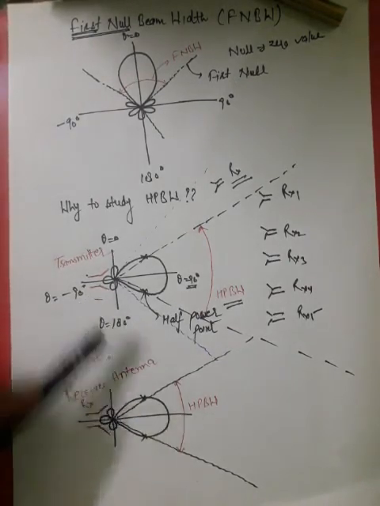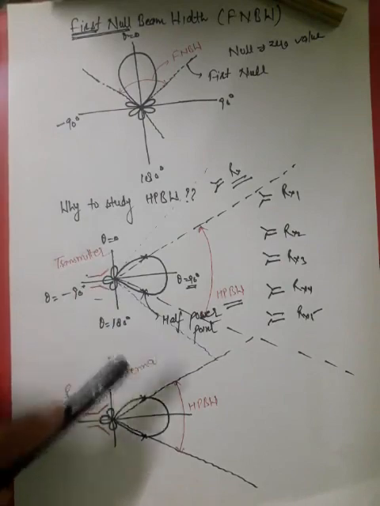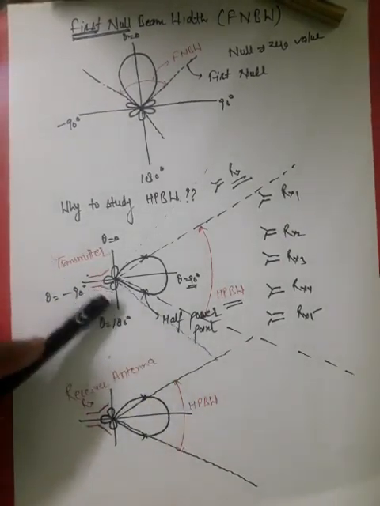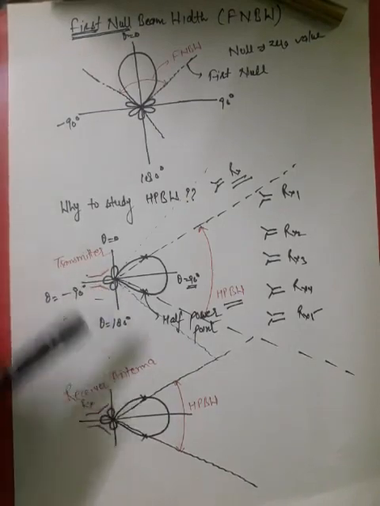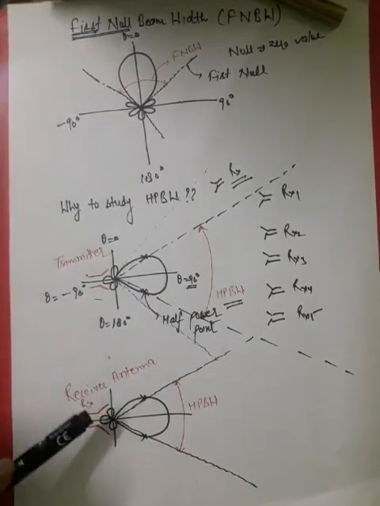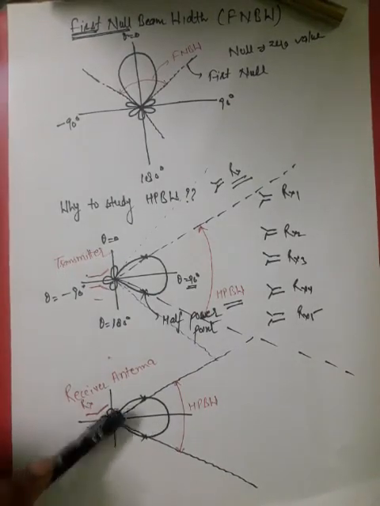Its radiation pattern will be same, its half power beam width will be same, nothing will basically change, side lobe will remain same. As was in the case of transmitter, it will be same as in case of your receiver antenna. Now what will happen?